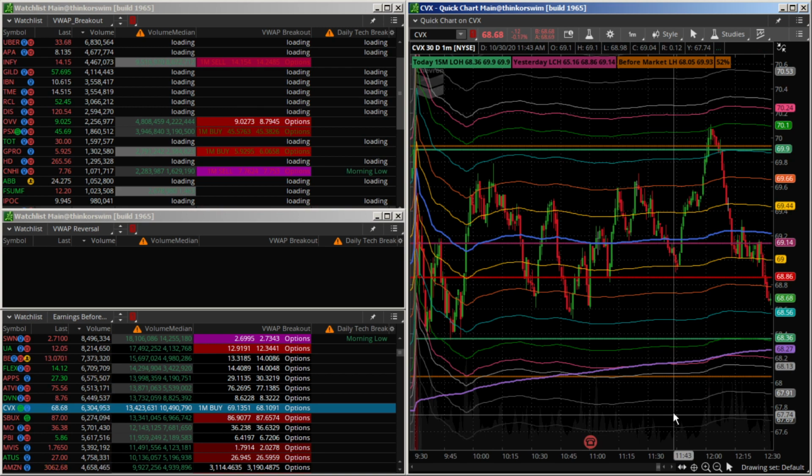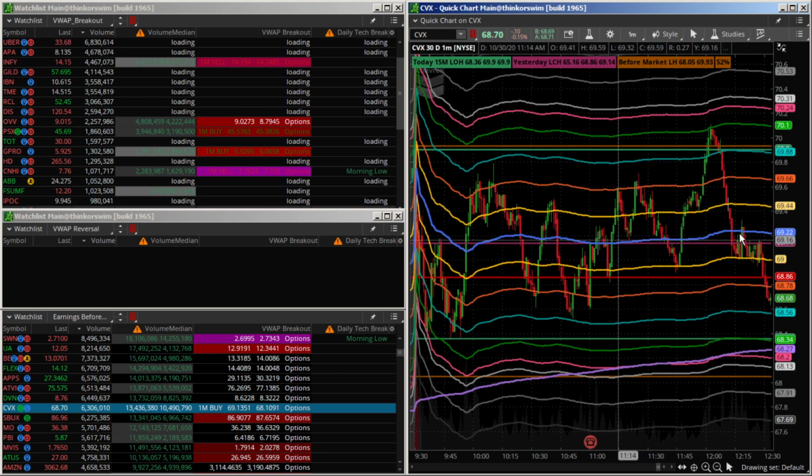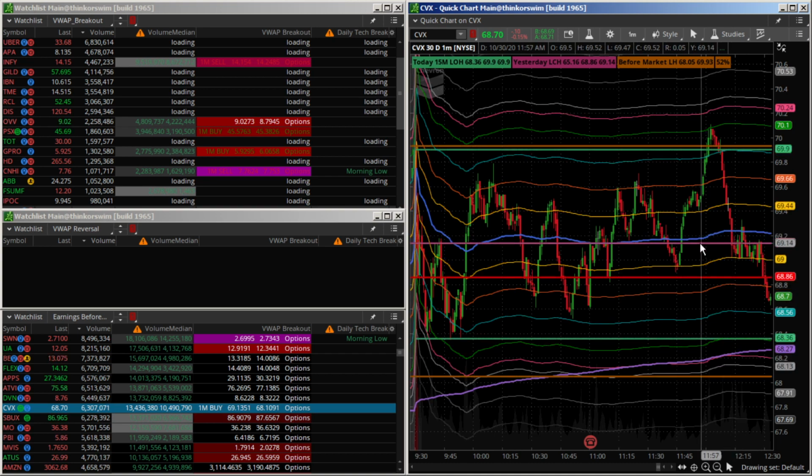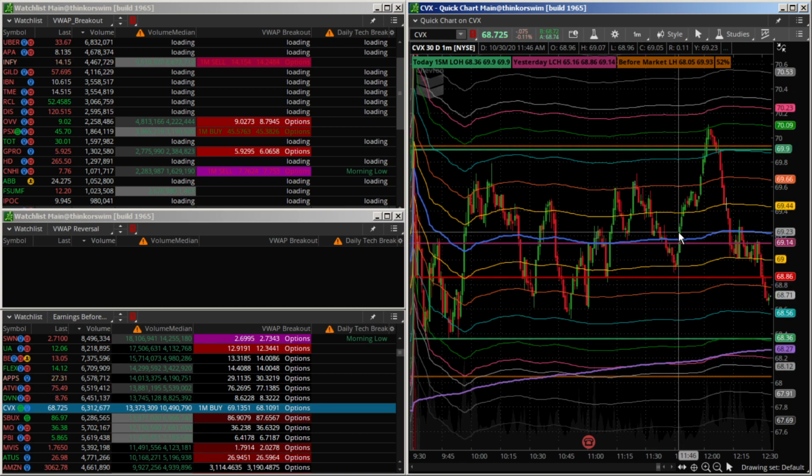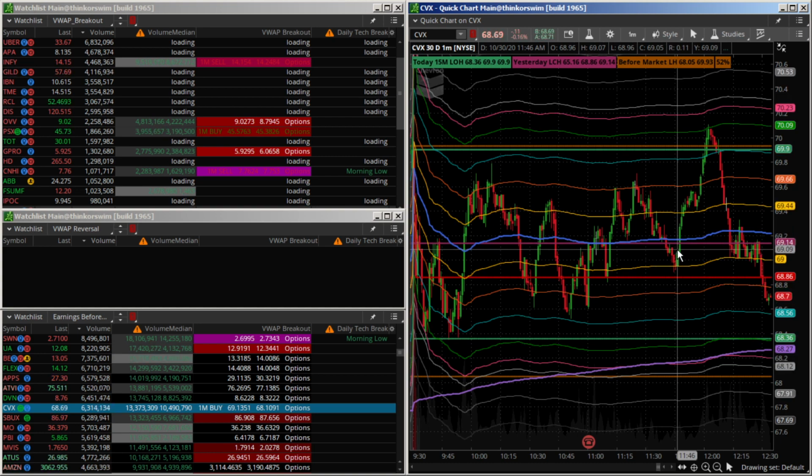What time would that be? Right there, 11:45. See, it just went right through and down and back and didn't test it again. I mean, it almost did on that one little tiny wick, but not like it did this time. This time it actually went through it on the candle and the wicks and then came back under again. So it's like touching it 2 times but going in the same direction within a period of time.